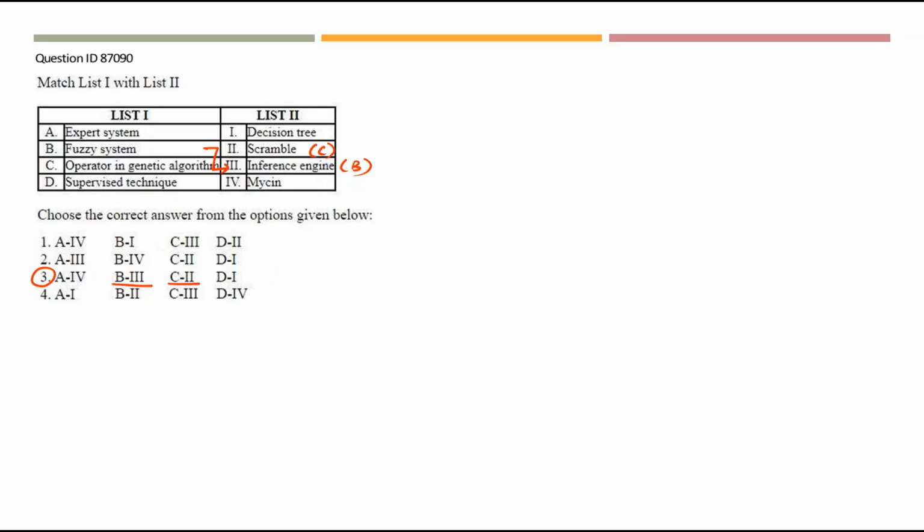Next, supervised technique. In supervised technique, we have regression and classification, and under classification, we have decision trees to be one of the algorithm. So supervised technique will map to decision tree, D to 1. And obviously the expert system will be option 4, mycin. So A is mapping to 4. What is mycin?